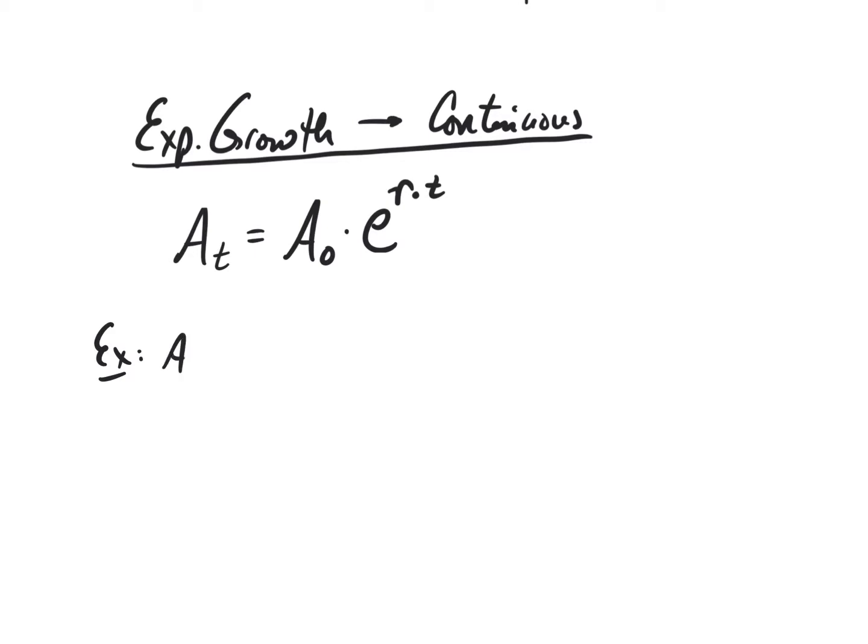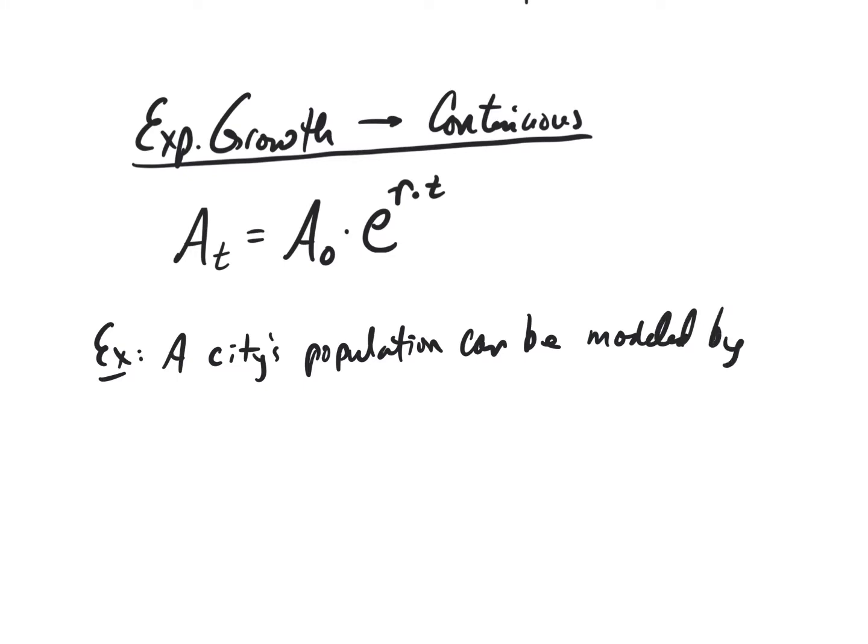So here's an example. A city's population can be modeled by the following equation. P for population at time t can be modeled by 450,000 times e to the 0.08 t power.